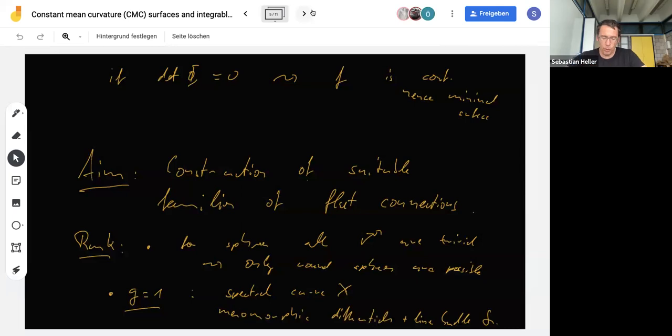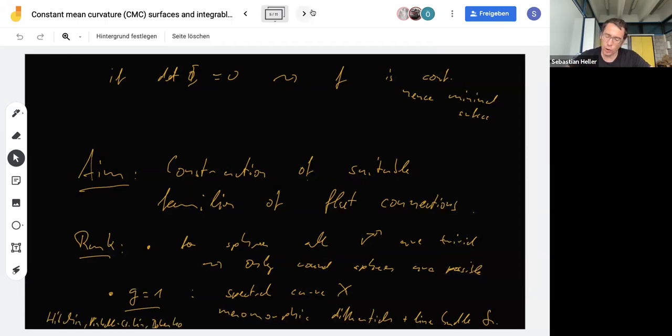So the important observation, which is due to Hitchin, Pinkall, Sterling, and then also Bobenko, is that CMC tori can really be described in terms of algebraic geometric data.